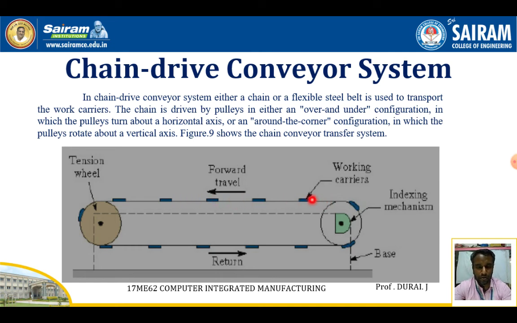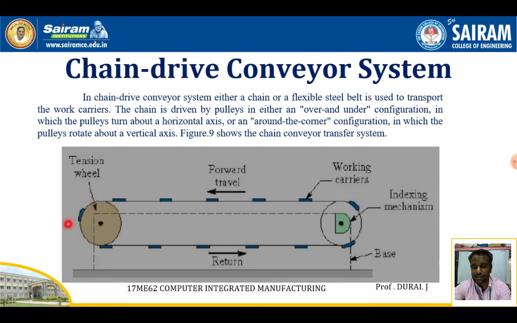Here the work holder is fixed, and the work part is placed on it. It is stopped with the help of the indexing mechanism at the particular place, and there the workstation is connected, so it performs the operation. After the operation is over, the component falls into the work holding device, then moves on to the second machine, where another operation takes place. Like that the work takes place, and the component is dropped here.